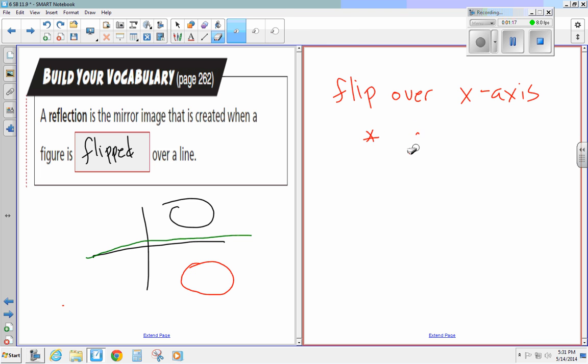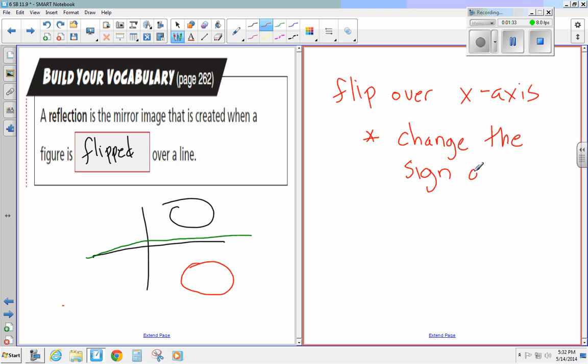You're going to change the sign, not sing, of a flip over the x-axis.